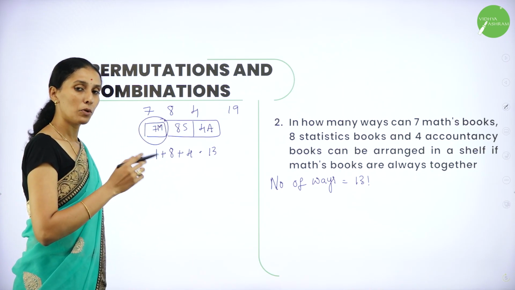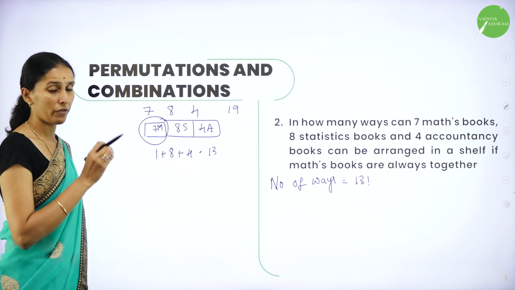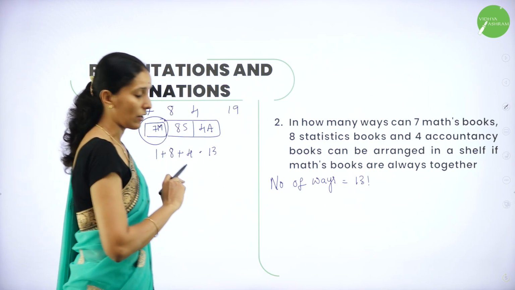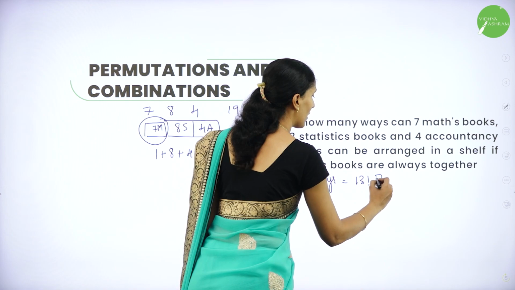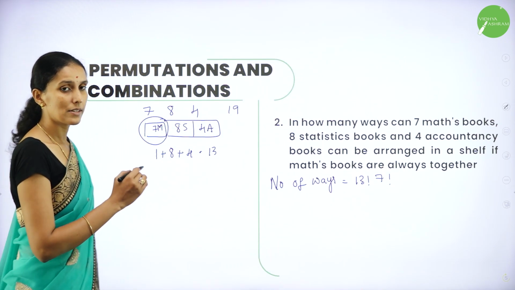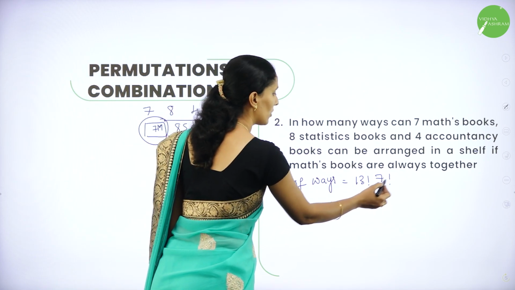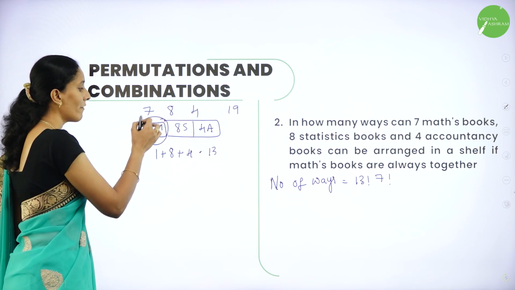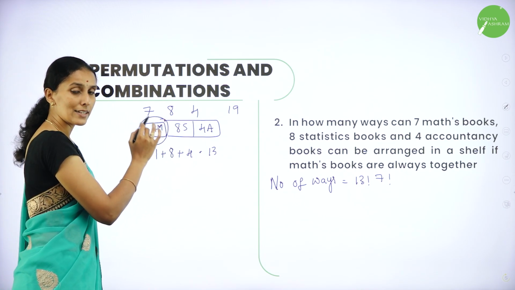The 7 mathematics books can also change their places. They can occupy 7 different places within the unit itself, so it is 7 factorial. So my total number of permutations for this problem is 13 factorial into 7 factorial, because all 7 maths books should be taken as 1 unit.